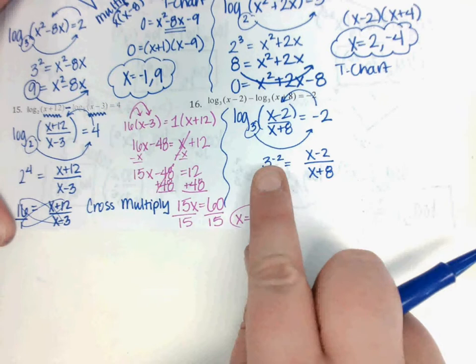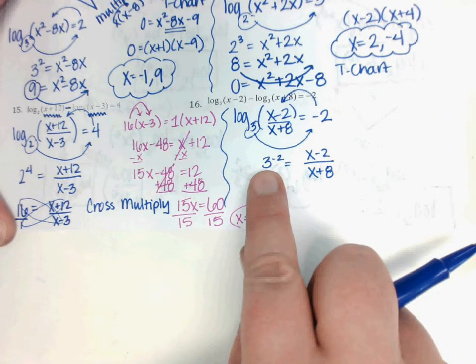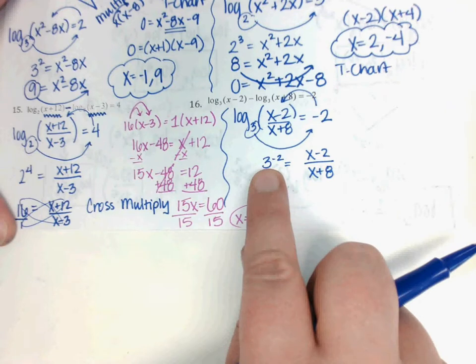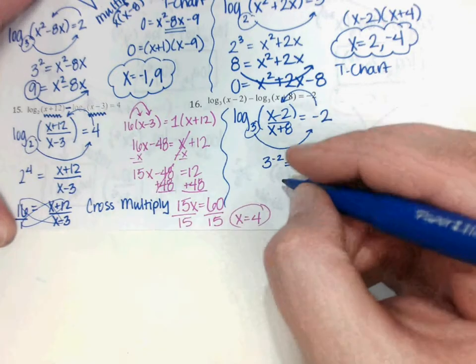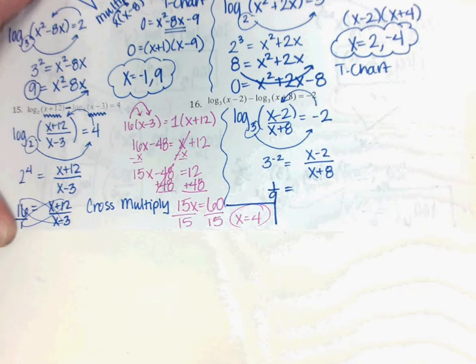Okay, what do I do when the exponent's negative? Do you remember? You turn it into a fraction. So, 3 squared is how much? 9. Then 3 to the negative 2 is 1 over 9. You remember that? So this is really 1 over 9 equals.